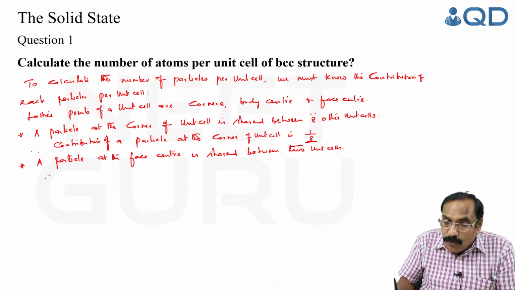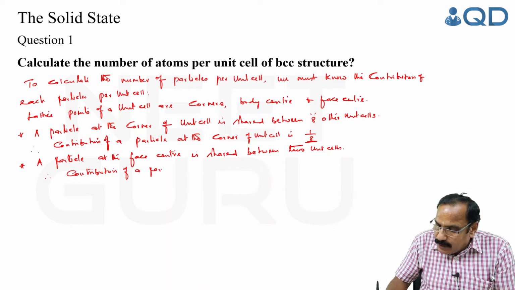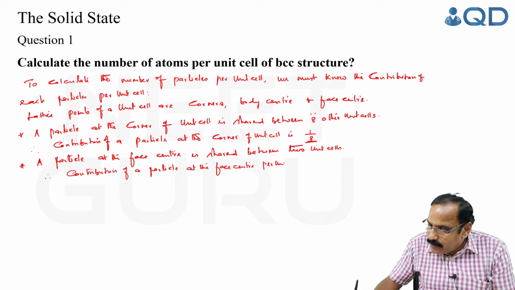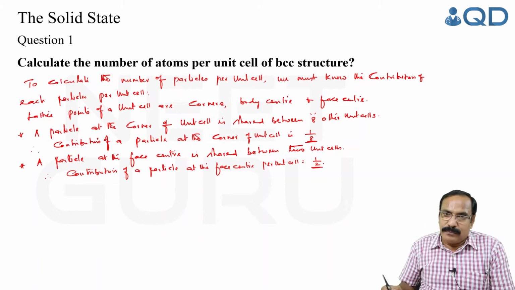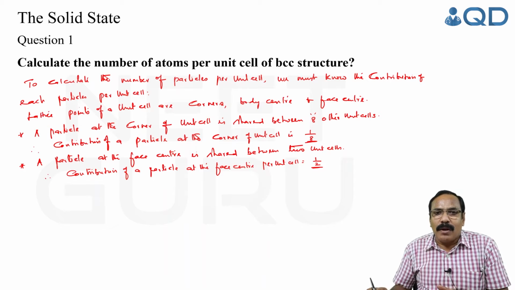Therefore, the contribution of a particle at the face center per unit cell is just 1 by 2, half. So, out of 6 faces, you have 6 into half, only 3.